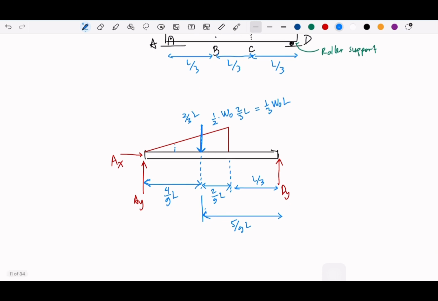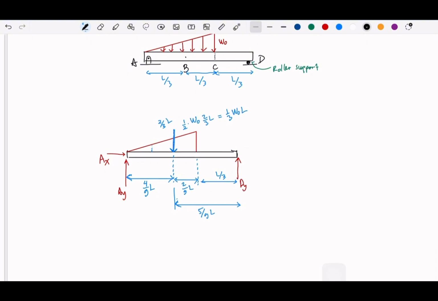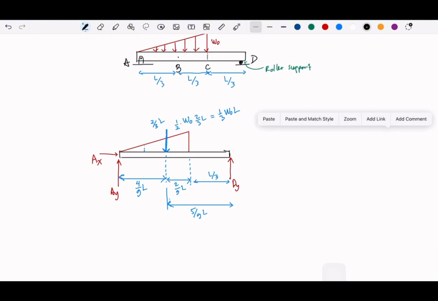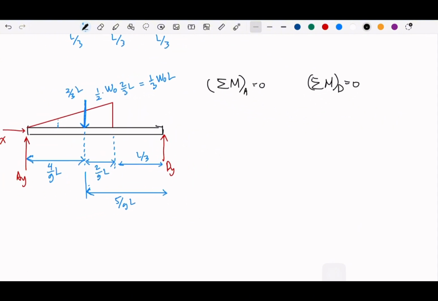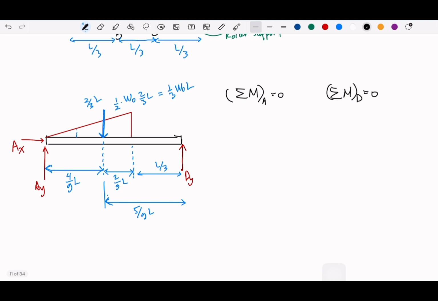Okay, I think we get everything for now. So we can take the reactions at A and D. Suppose that first we take the moment with respect to D. So let's start from D first, taking that as our positive. So AY times L, right?